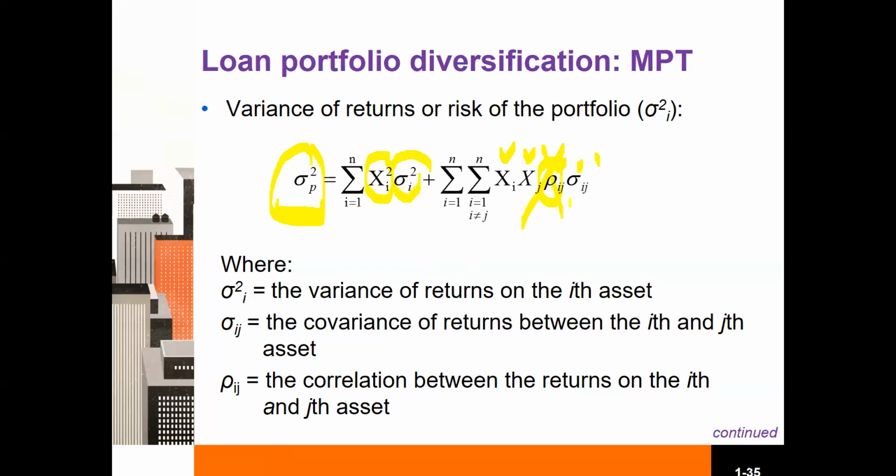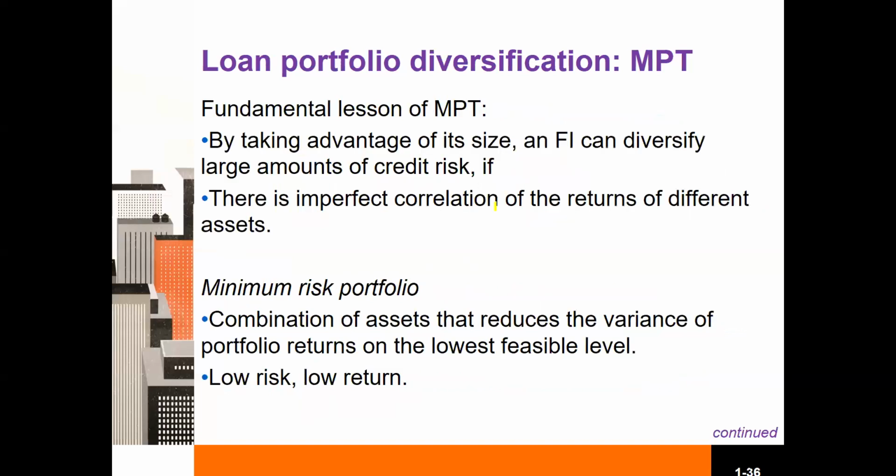That is, if there is negative correlation across borrowers' default probabilities, then a portfolio of loans may be less risky than an individual loan, all else being equal. Thus, the sum of the individual credit risks of loans viewed independently overestimates the risk of the whole portfolio, because there is a correlation, and there will be some offsetting features.